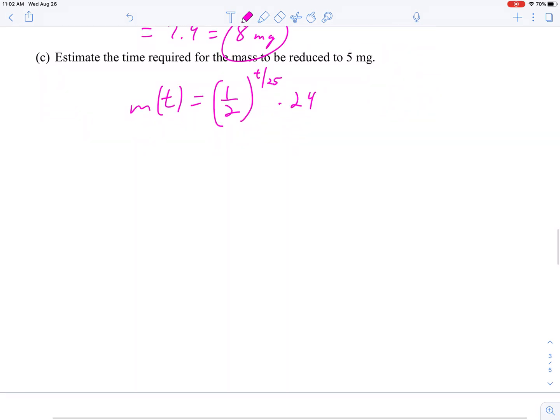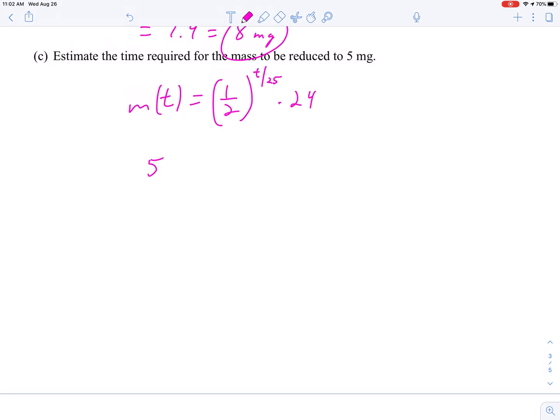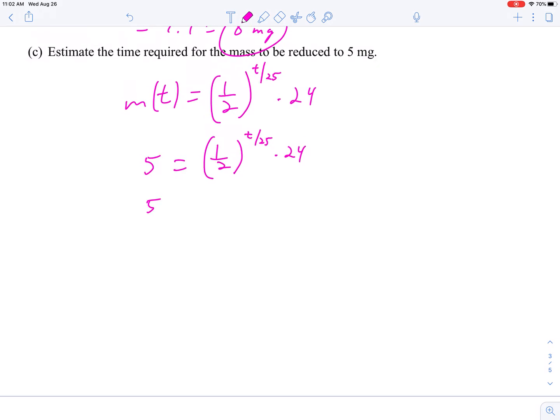They want us to estimate the time required for the mass to be reduced to 5 milligrams. In other words, M of t is 5. Okay, so some algebra we can do here. Of course, we can divide both sides by 24.